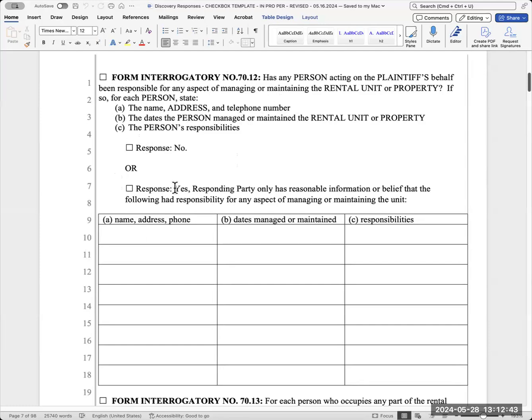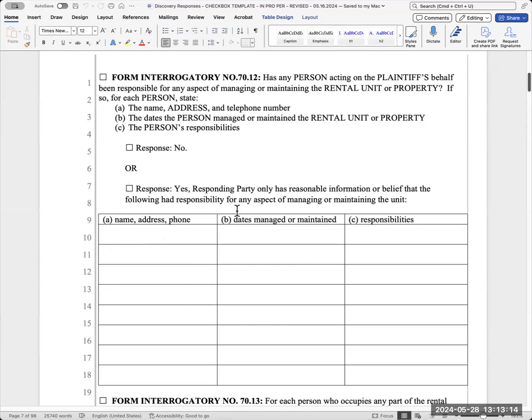If there are other people involved, including the landlord's family members or someone they've hired to be property manager or maintenance person, someone who handles repairs, can be a handyman, can be someone who does the gardening or pool maintenance, anyone who does any work, right? You check here, and then to the best of your ability, you fill this information out. You might not have all this information. Sometimes we only know the first name of a person, but that's what you're going to put in.